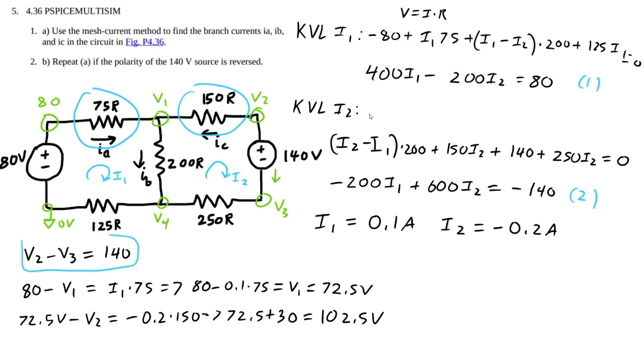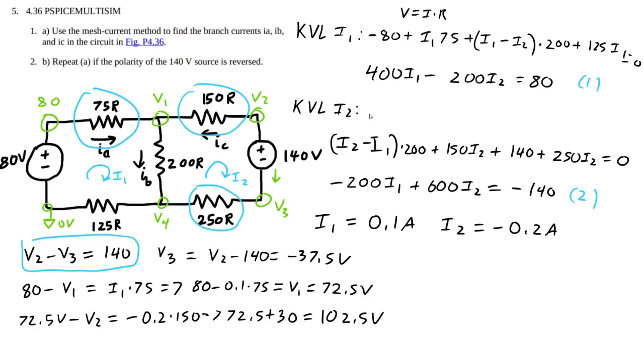And we can find V3 using the equation we wrote over here. So V3 is going to be V2 minus 140, which is negative 37.5 with reference to the ground. And then we can find V4 using I2. So I2, let me do this real quickly.